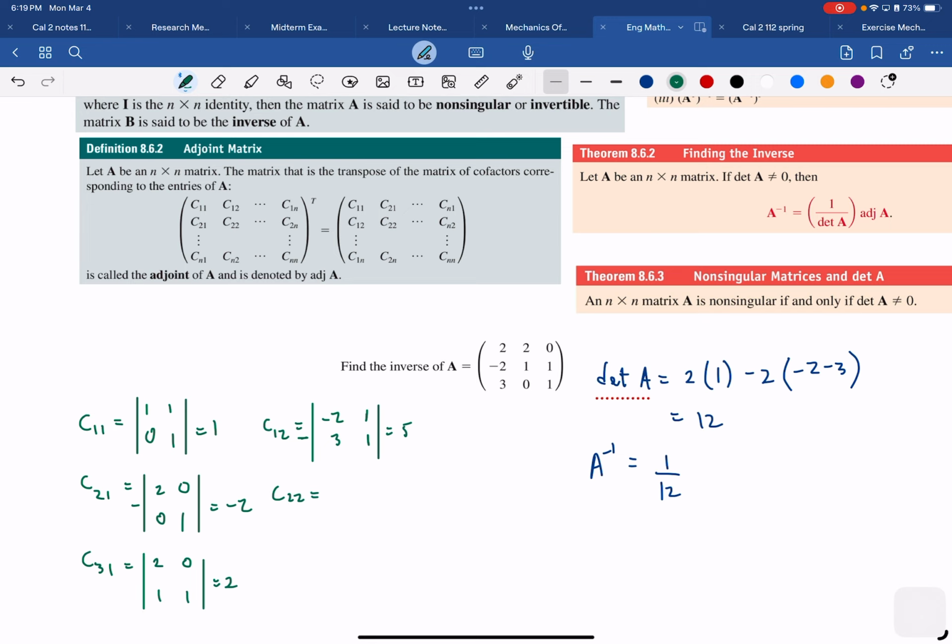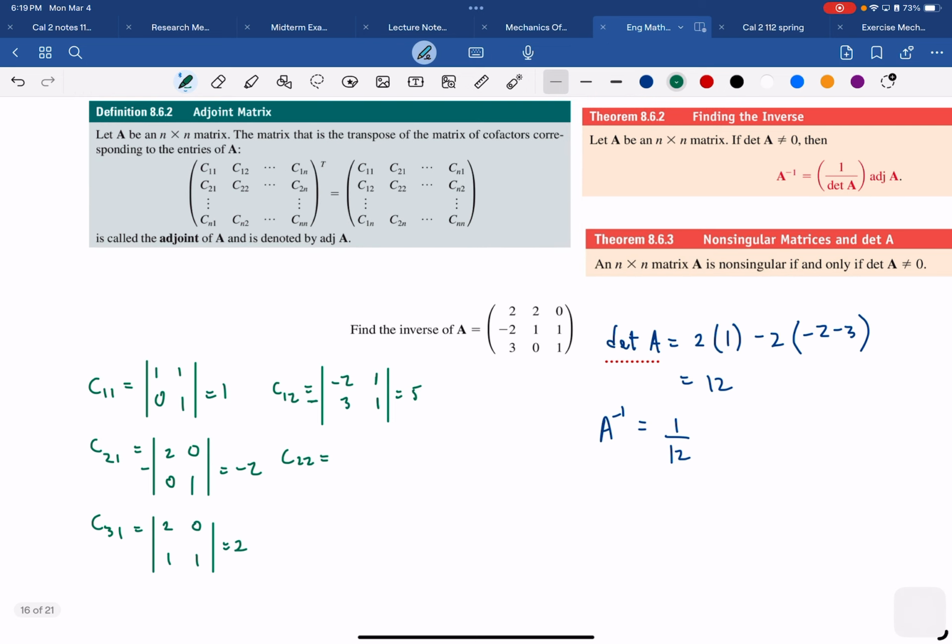And negative 2 2. C22 is 2 0 3 1, and the signs follow the same pattern we did before, the pattern for the sign.